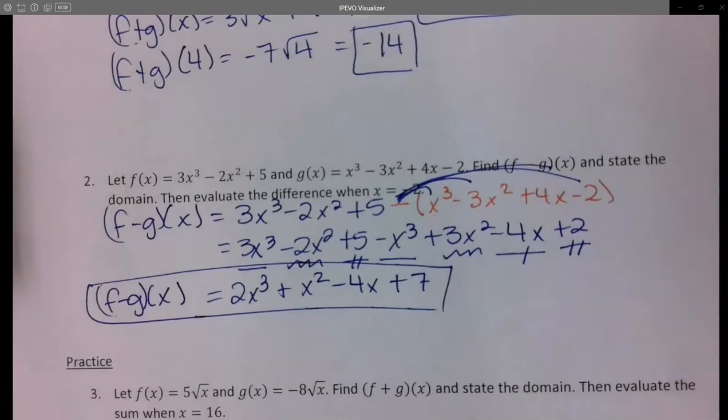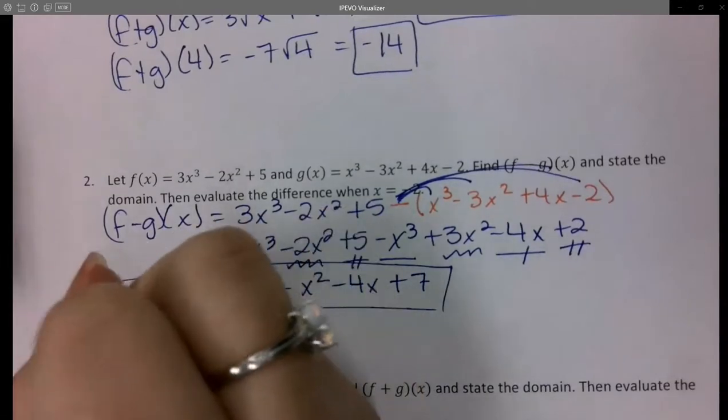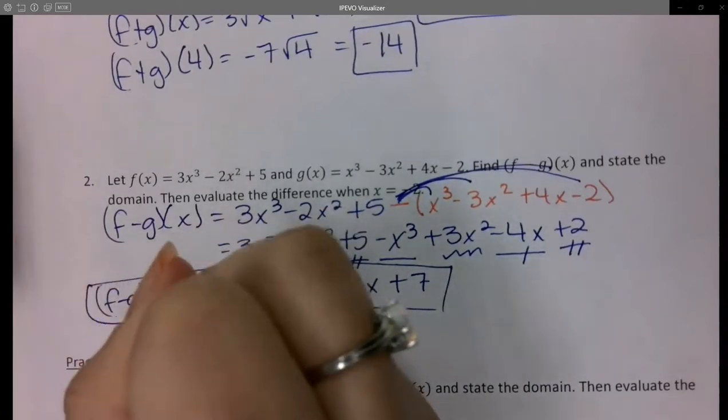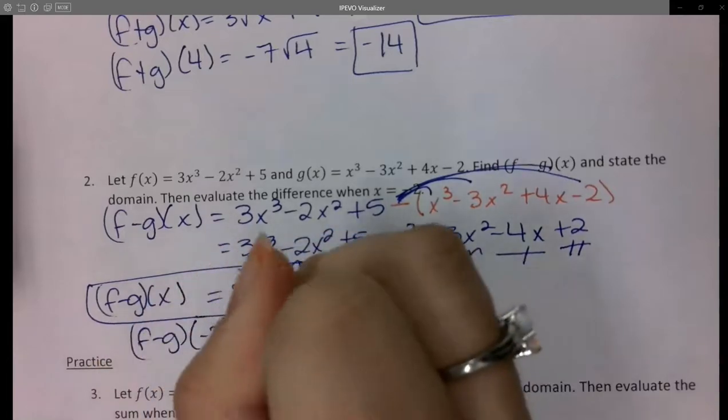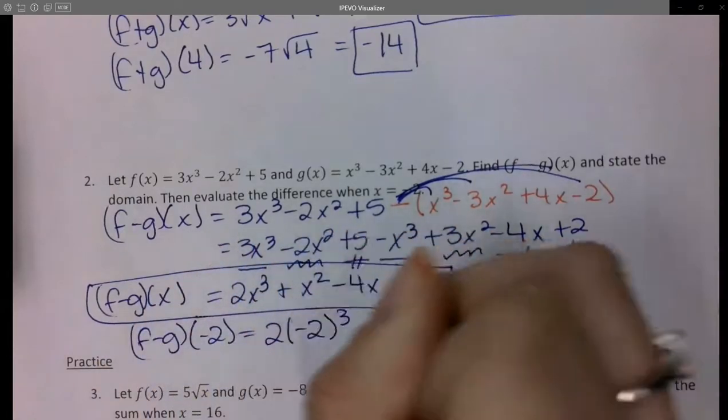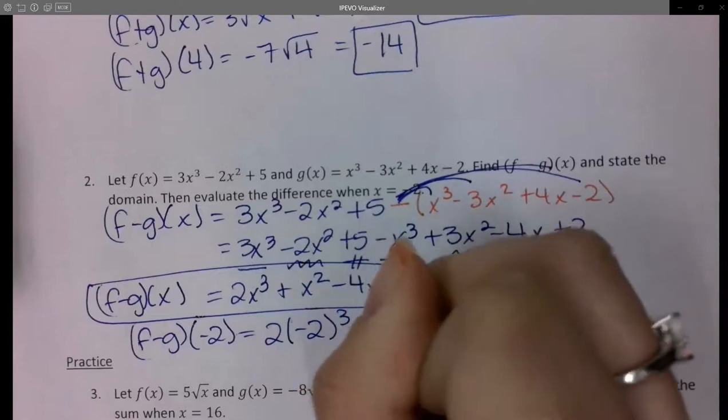Then this one wants me to plug in negative 2. So everywhere there's an x, I'm going to plug in a negative 2, and I'm going to put it in parentheses because of the negative. I want to make sure I keep that with the 2.